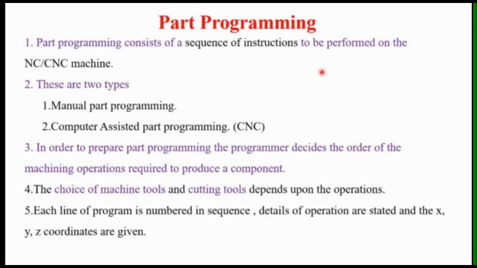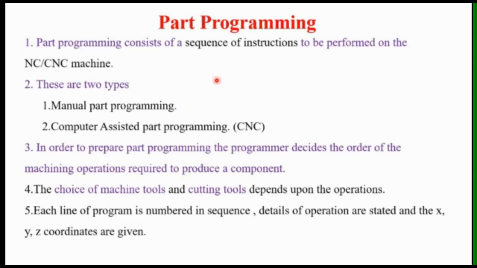So in order to transmit these instructions, we have to prepare a punched tape or other input medium such as magnetic tapes, floppy disks or pen drives. Part programming consists of a sequence of instructions for NC or CNC machines.